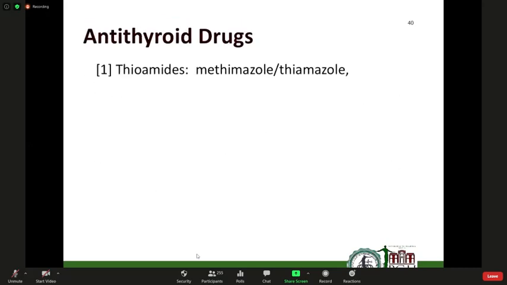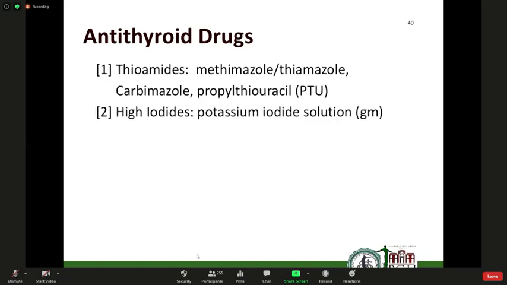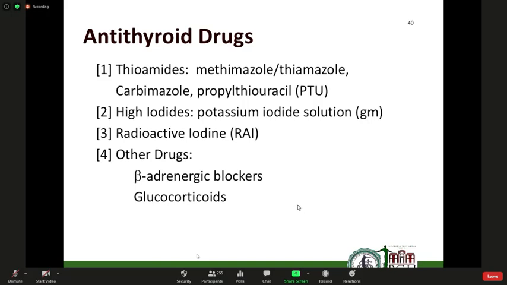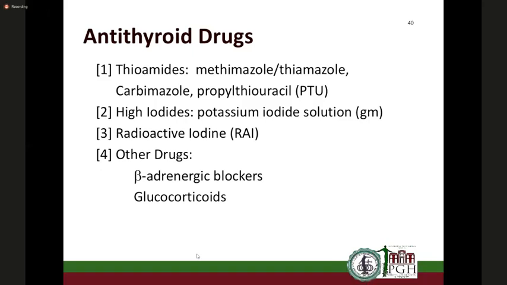Now, the antithyroid drugs, there's a whole set of them. And what do you need to know about the antithyroid drugs? Number one, you need to know that the drug of choice for treatment of any of the causes of hyperthyroidism is methimazole, not PTU.